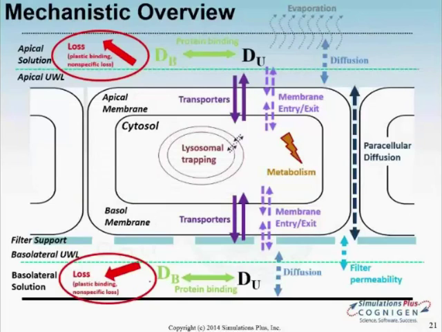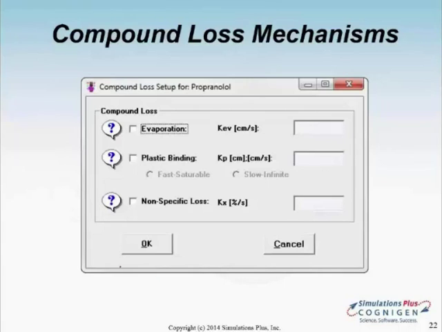As the last set of processes, we are allowing you to account for drug losses, either binding to the plastic, and how that might be affecting the concentration gradients and the rate of permeability of your compound, or any type of non-specific loss of the compound.